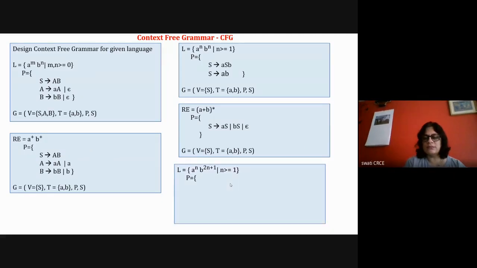Okay, so if you observe this particular pattern, it is A raised to n and B raised to 2n. So here there is a clear relation between them. If there is one A, here there are two B's. It is similar to the problem a raised to n, b raised to n.